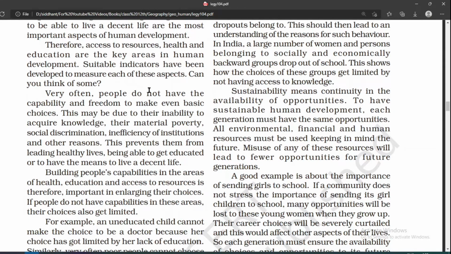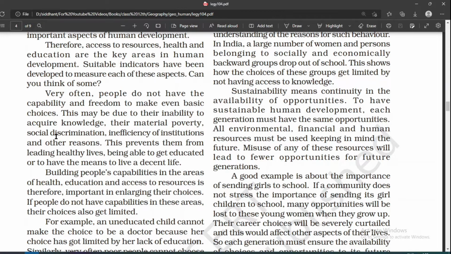Very often people do not have the capability and freedom to make even basic choices. This may be due to their inability to acquire knowledge, their material poverty, social discrimination, inefficiency of institutions, and other reasons.